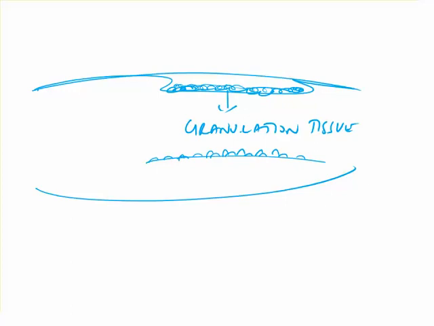Pink granular appearance. If it has a yellow color and is foul smelling, what will you think? It is an infected granulation tissue. Understand? So it is very, very important when a person has an injury or when you remove a tooth.